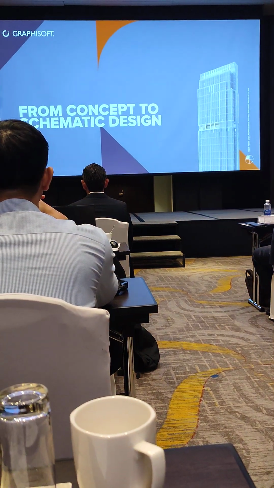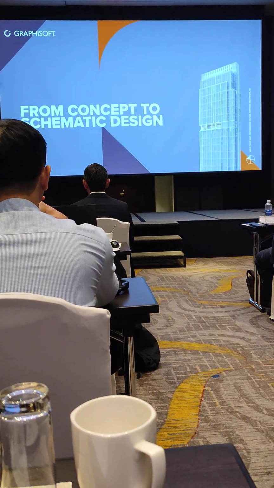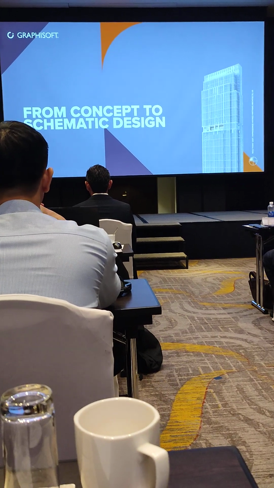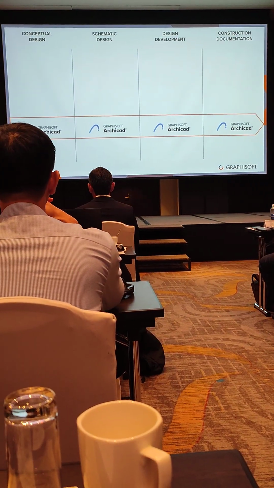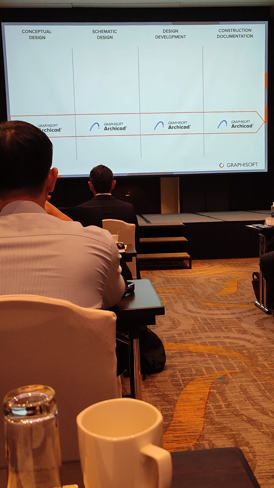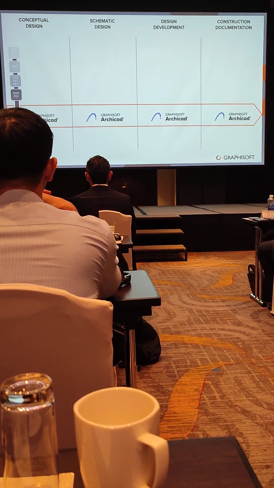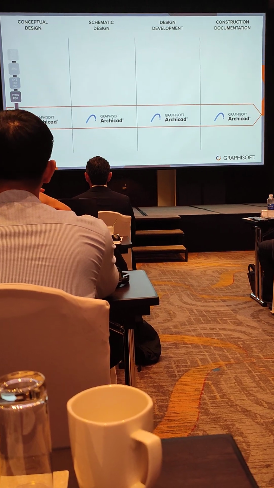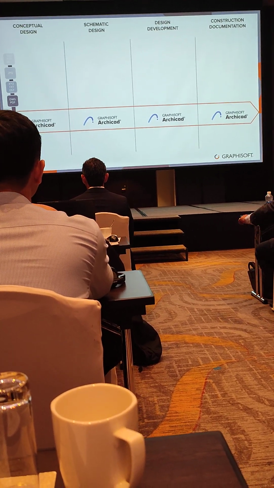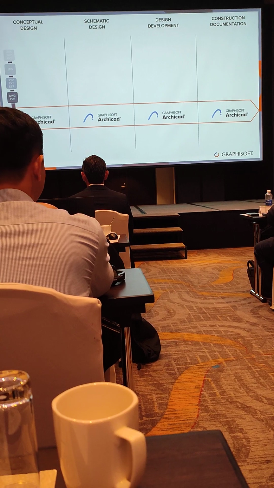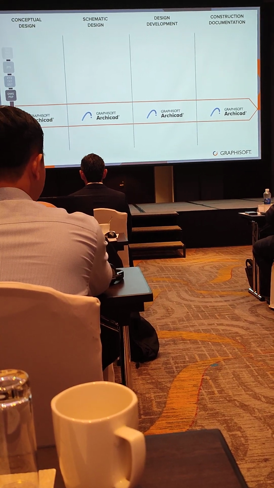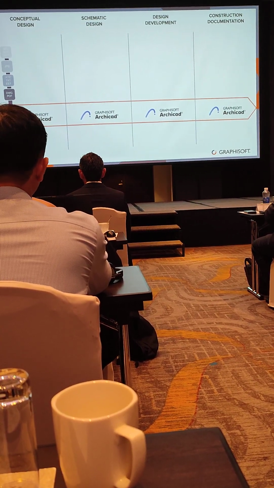So let's take a look at these from a workflow point of view, phase by phase, and how the solutions can be used. The backbone of the process, since we're talking about design, should be Archicad. In the conceptual stage, we can import a lot of existing content, surveyors' information, sketches, site plans, location plans, all in various formats.